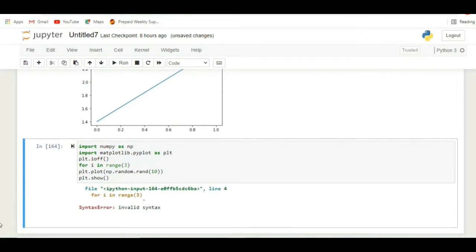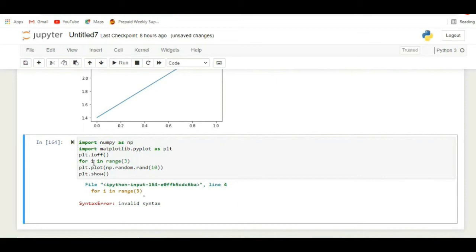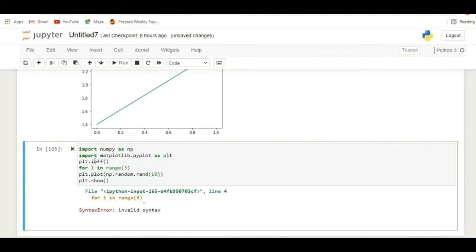If I change it again to 1 and press Control and Enter, then it is possible that we can get the required result.